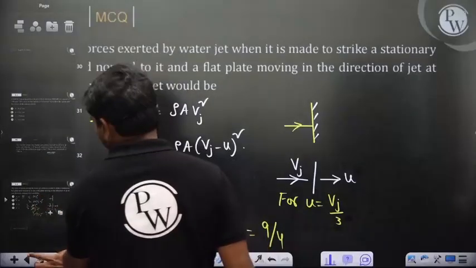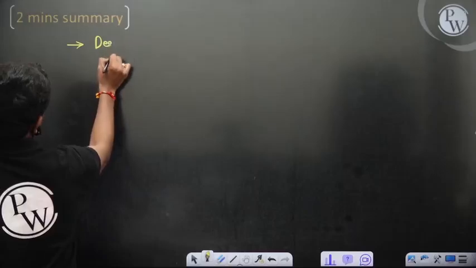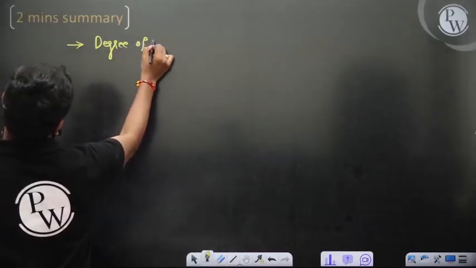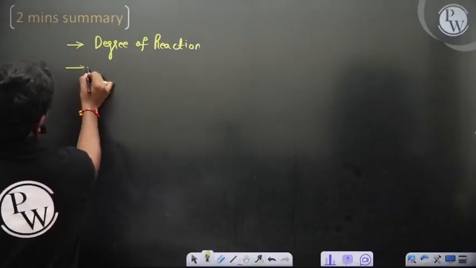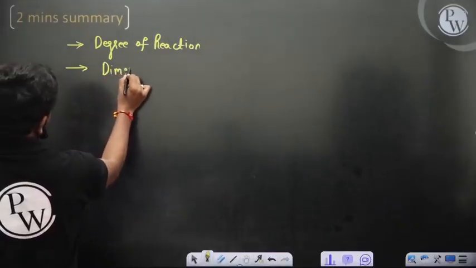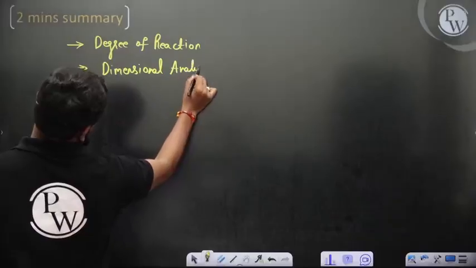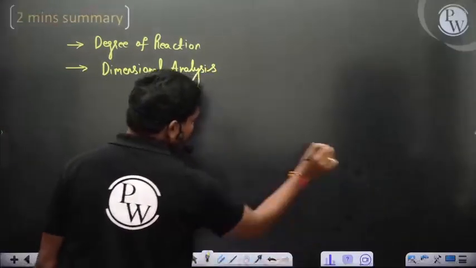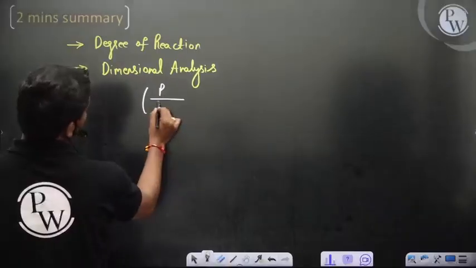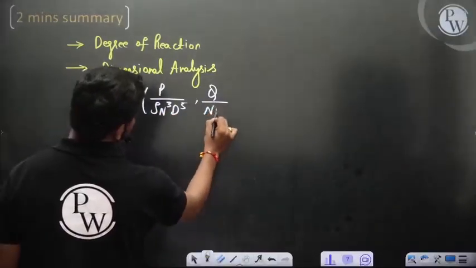Okay. So in today's class we have looked at degree of reaction, then we have seen the dimensional analysis. We have picked up some nice numbers which are of the form P by rho N cube D power 5, Q by N D cube, and so on.